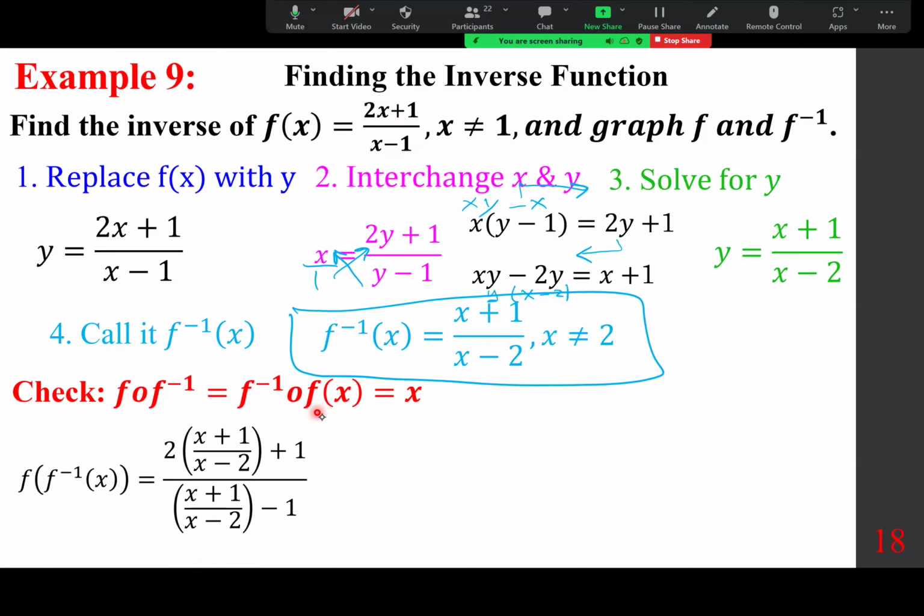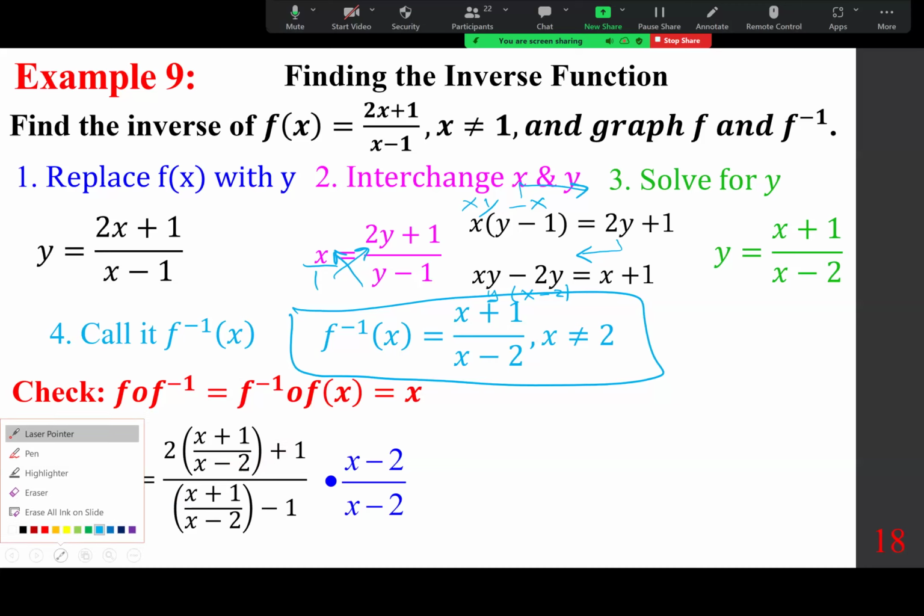So, complex fraction, an easy way out, you multiply the top and the bottom by the denominator, which is x minus 2, which is the LCD. So when I multiply the top by x minus 2, please pay attention, see what happens. I multiply this part by it, so the denominator goes away. I get 2 times x plus 1.